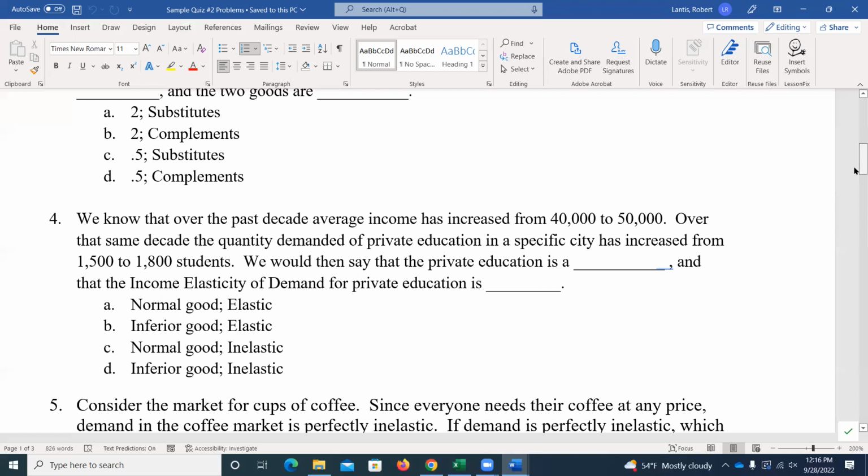So as I lower the price, that's going to decrease total revenue. But if people are really responsive, yeah, I might take a little bit of a hit, I'm not selling my goods for as much, but I'm selling way more, right? So it overcompensates that. So when it's elastic, when I decrease that price, I'm increasing my total revenue. When I get to that unit elastic point, total revenue is kind of plateaued.